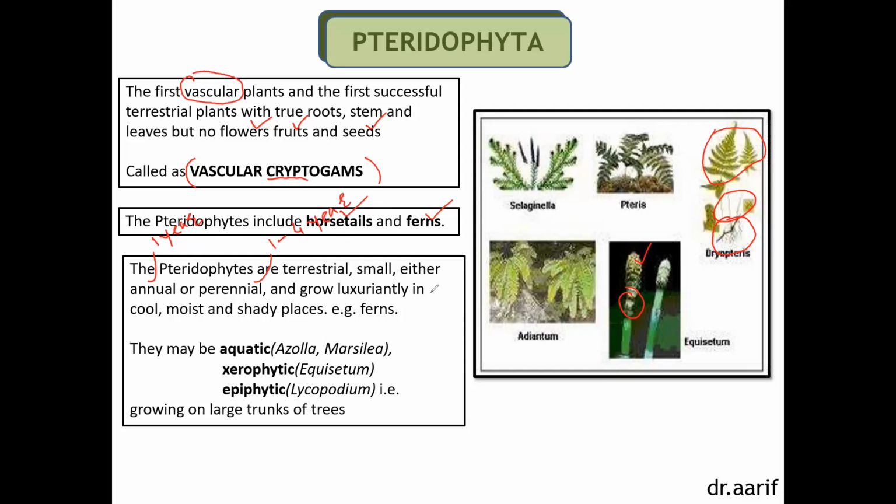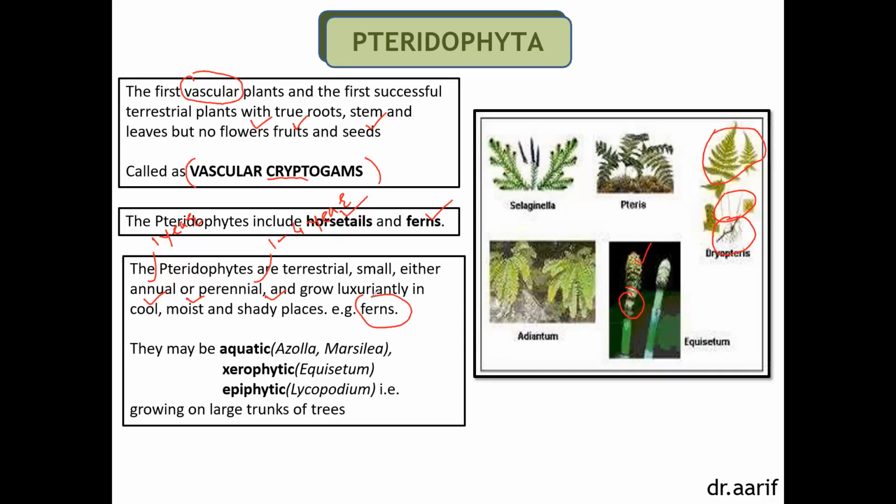They grow luxuriantly in cool, moist, shady places, where there is no direct light, less light, lower temperature and somewhat moist conditions. In that case we observe the growth of pteridophytes including ferns.